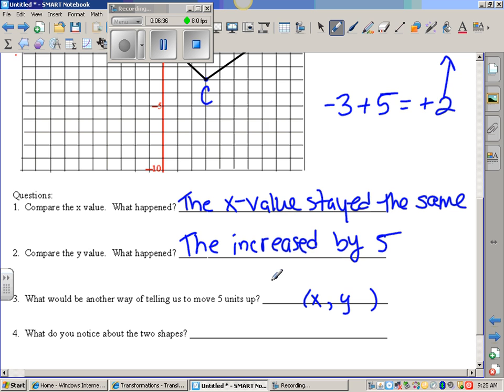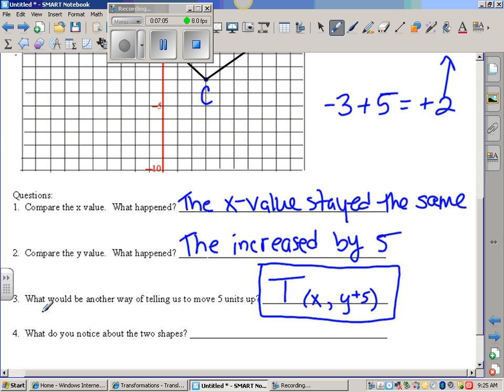Well, our translation T is going to keep x exactly the same. So we're just going to leave x, x. But then we're going to add 5 to y. This is another way, the math symbol way of telling you to translate 5 units up, or take whatever your original coordinate is, leave x exactly the same, and then add 5 to every y.